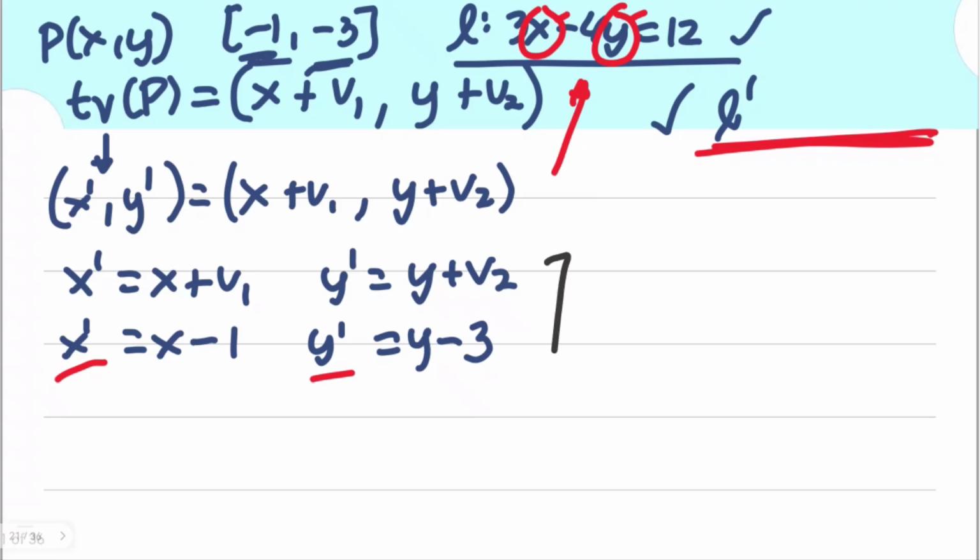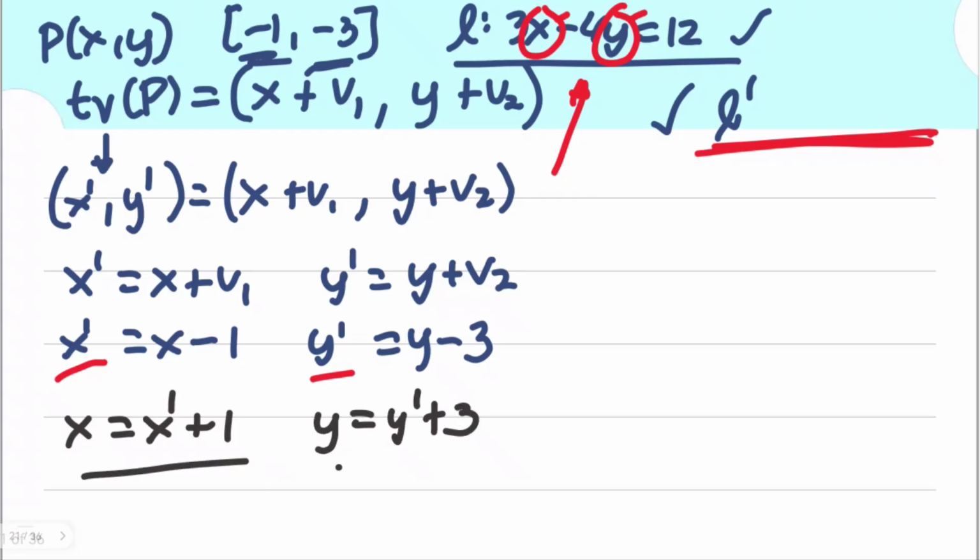So we can actually write it this manner. This would bring us the idea that our x is actually x prime plus 1, as we add 1 on both sides. Similarly here, y is y prime plus 3.